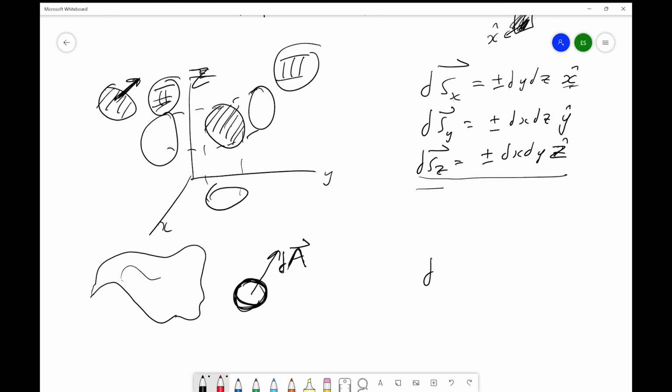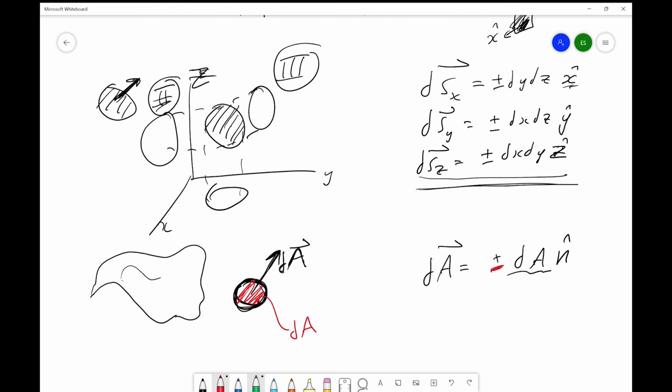Using this kind of mathematics, we can represent this area by a small vector, dA, where the dA vector is just plus minus dA n. dA is a scalar that represents the actual value of the area. And then n is the vector normal to the orientation of the area.